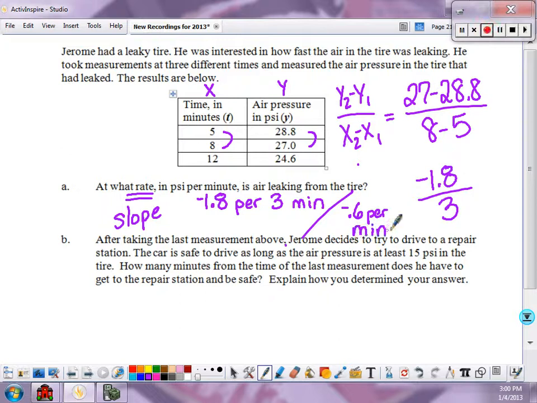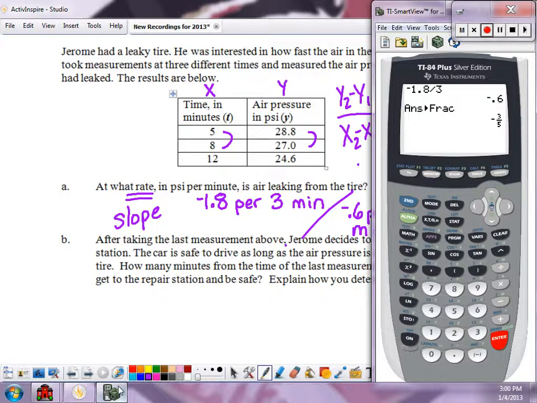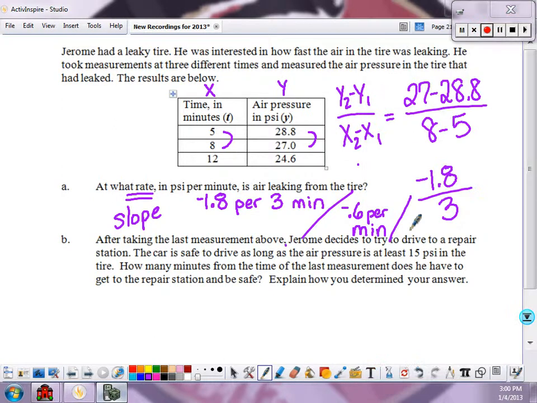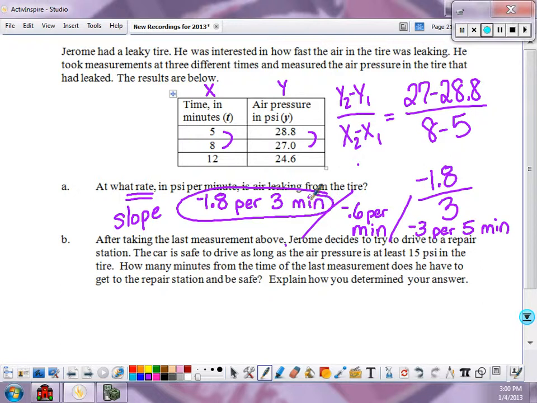That's per 1 minute. Or you can go simplified fraction and say it's going down 3 every 5 minutes. So down 3 per 5 minutes. And I would have to accept all 3 of those. I think the easiest one would probably be the first one, but all 3 of those would be right.